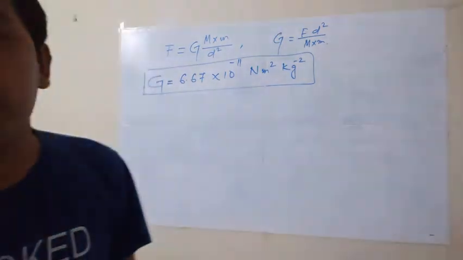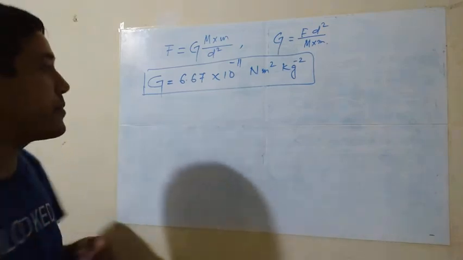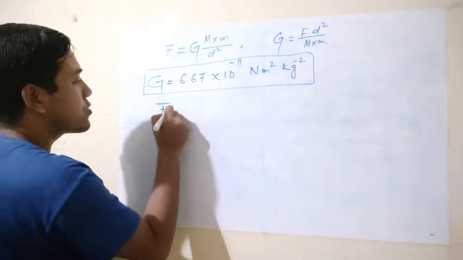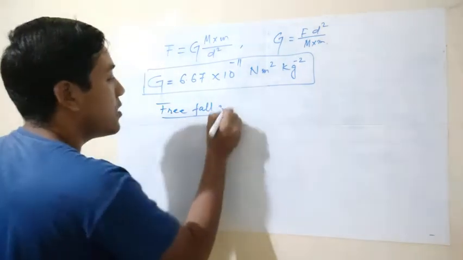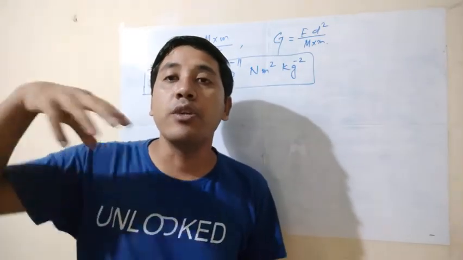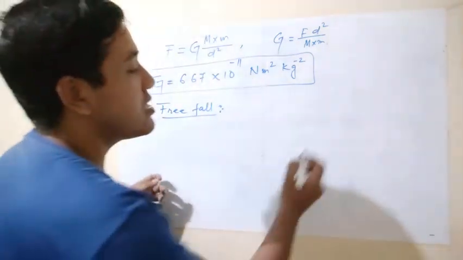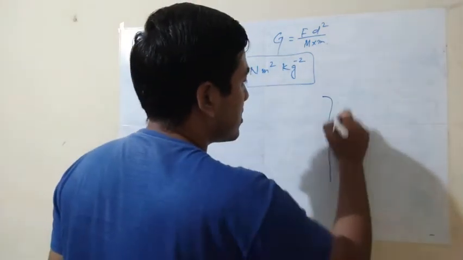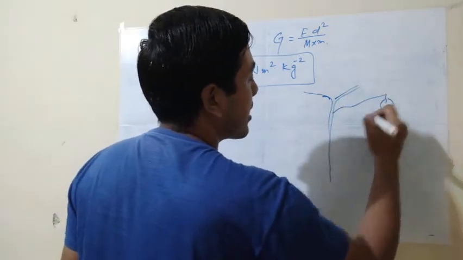Now, without wasting time, today I will start explaining free fall. What is meant by free fall? Free fall means the falling down of any object without any external force. Here is a tree, and here are apples.